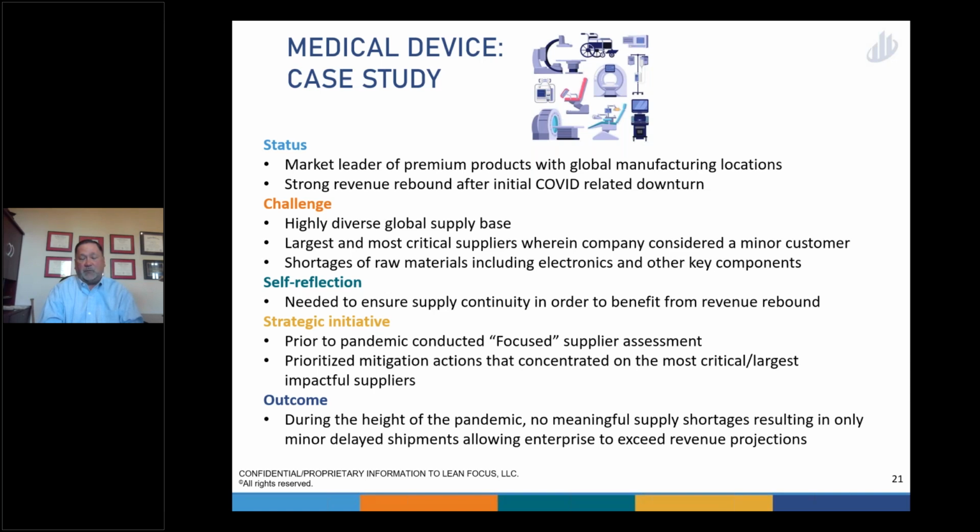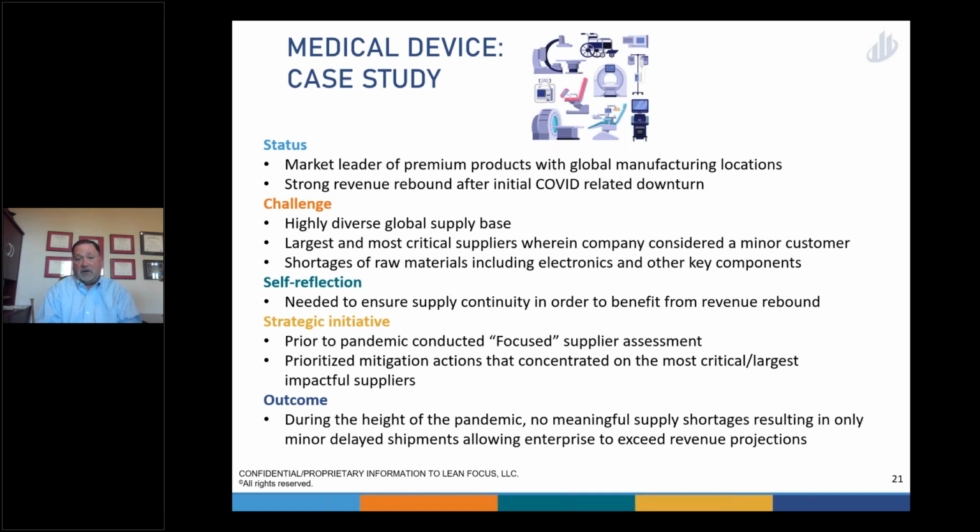So the key here was really needing to ensure supply continuity in order to benefit from this revenue rebound. Not just to continue what was, let's say, status quo for the company, but to have some step changes in the amount of revenue they were getting because of COVID. Prior to the pandemic, there were several rounds of focused supplier assessment and risk mitigation, concentrated on the largest and most critical, impactful suppliers using the process.